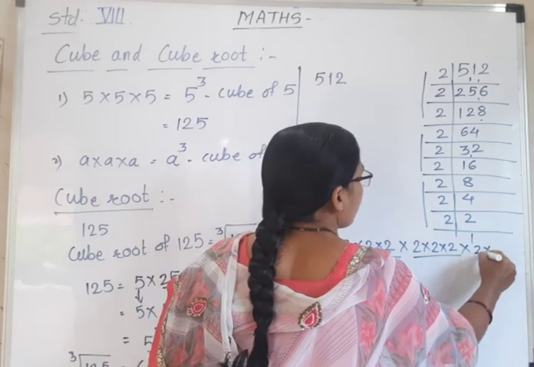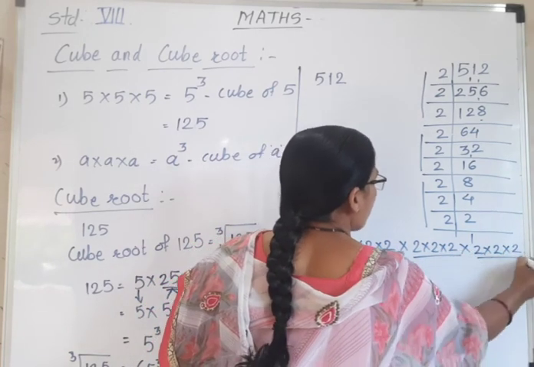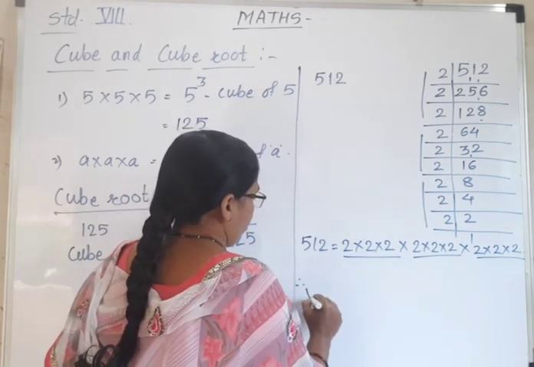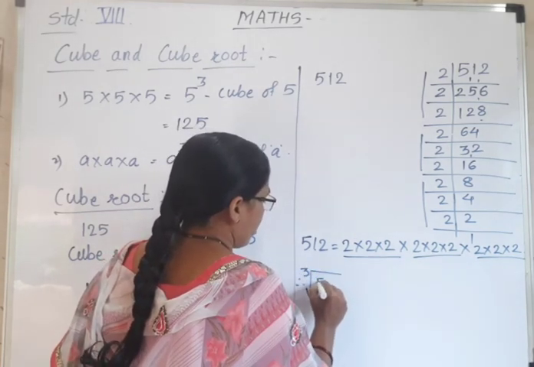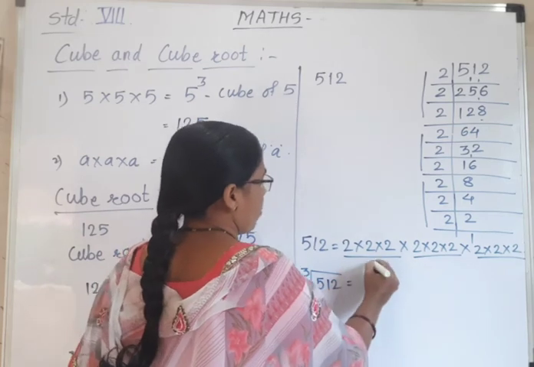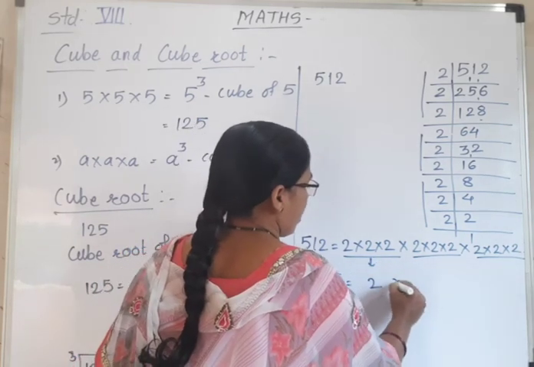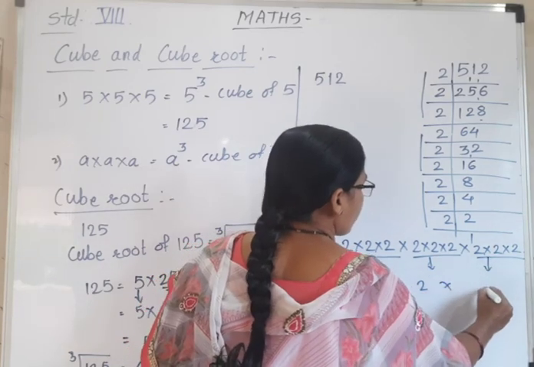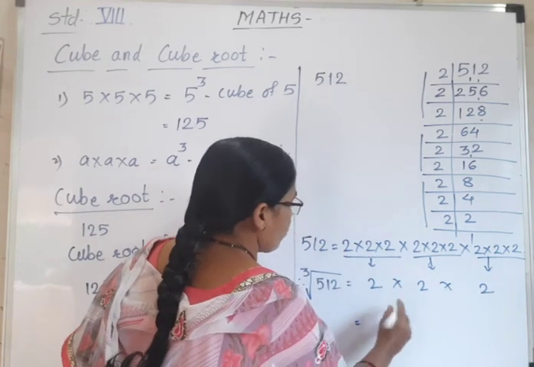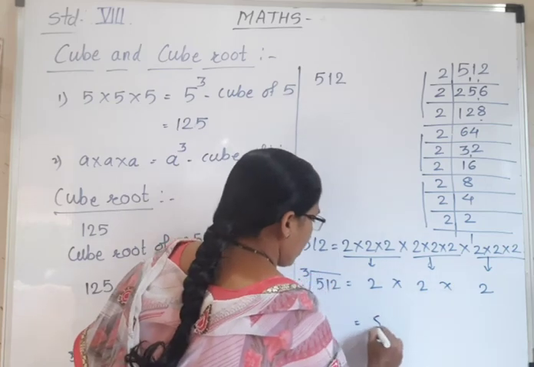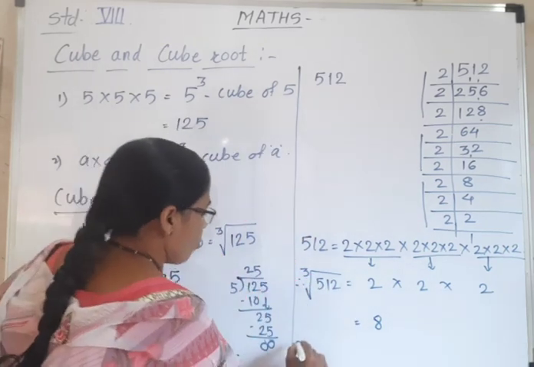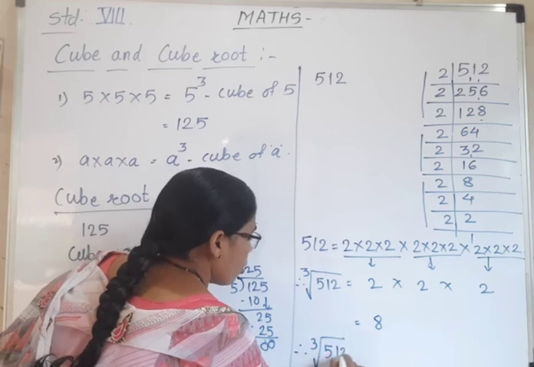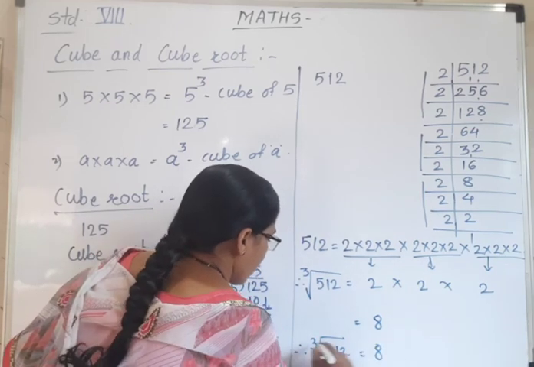Again 2 into 2 into 2, this is the third. Therefore the cube root of 512 is equal to, from each group 1 number, 2 into 2 into 2, which is 8. Therefore, the cube root of 512 is equal to 8.